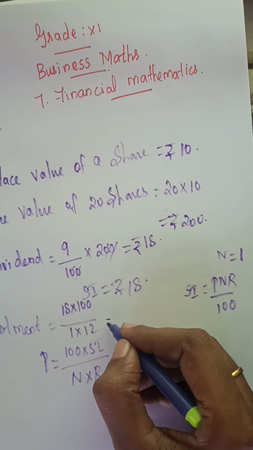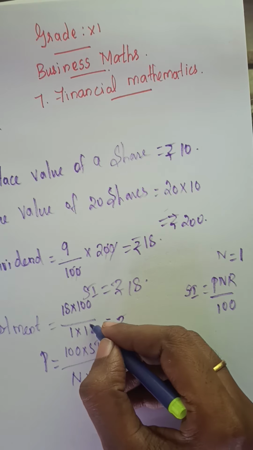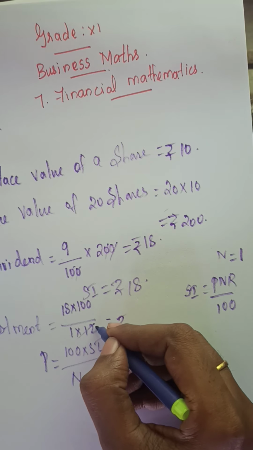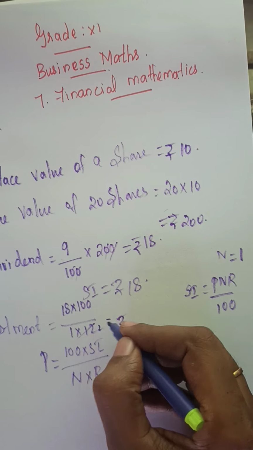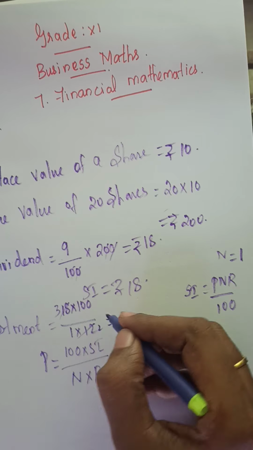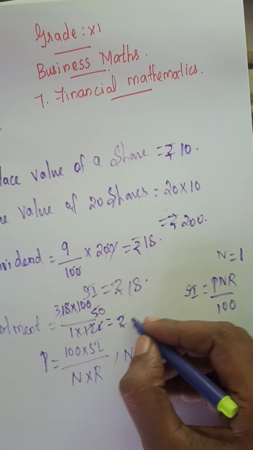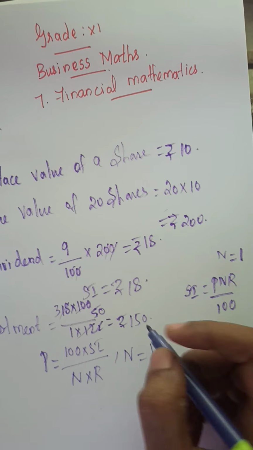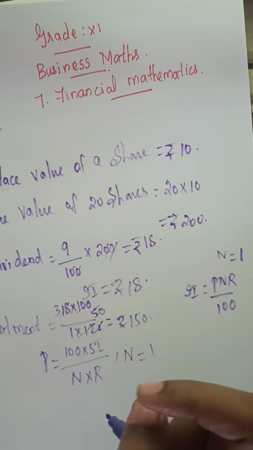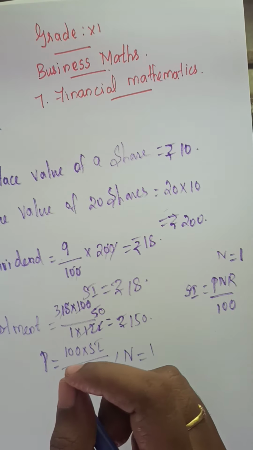Simplify: 12 sixes are 72... that is 2, 3, 5, 50. So rupees 150. Now we have found the investment and the dividend.